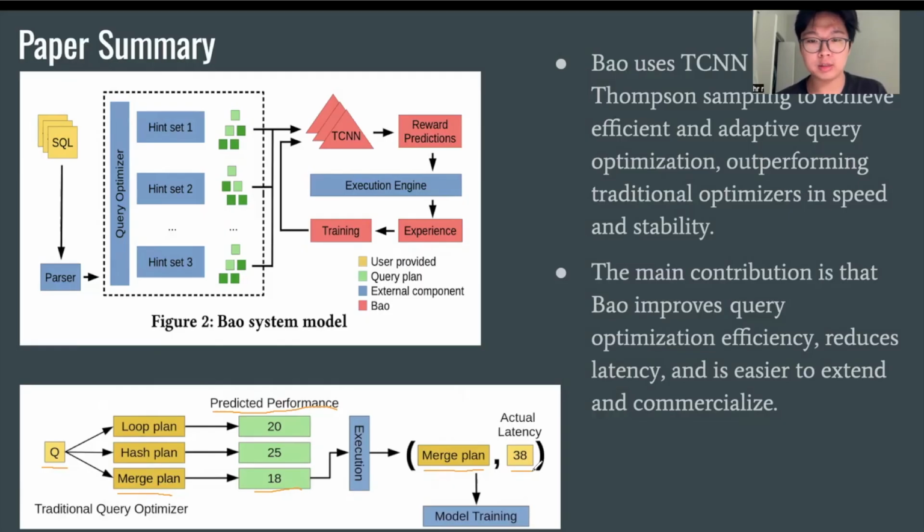The actual latency and the result are put into the training model, which helps improve the predicted performance accuracy. The main contribution of BAO is that it improves optimization efficiency and also reduces latency, and it is easier to extend to commercial use.